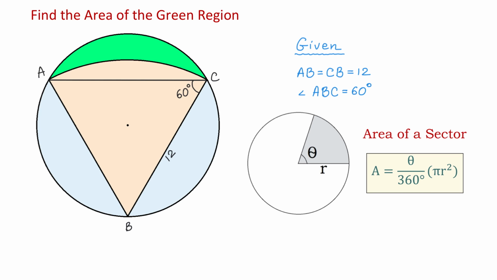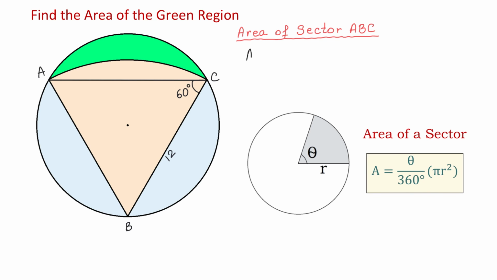To find the area of this sector, we will replace theta with 60 degrees and r with 12. So A equals 60 degrees over 360 degrees multiplied by pi times 12 squared.